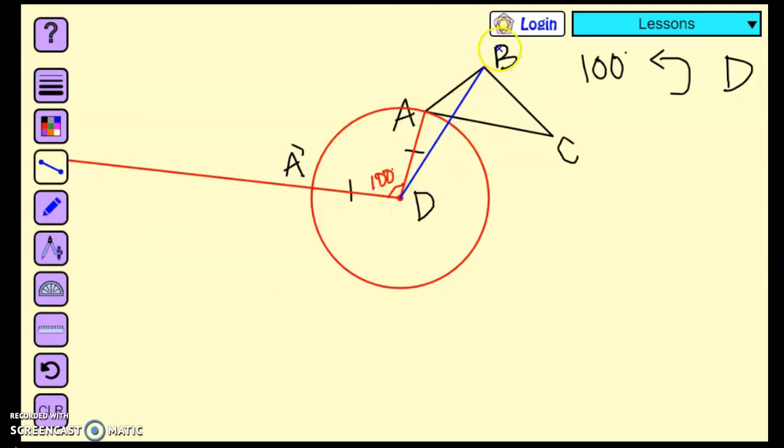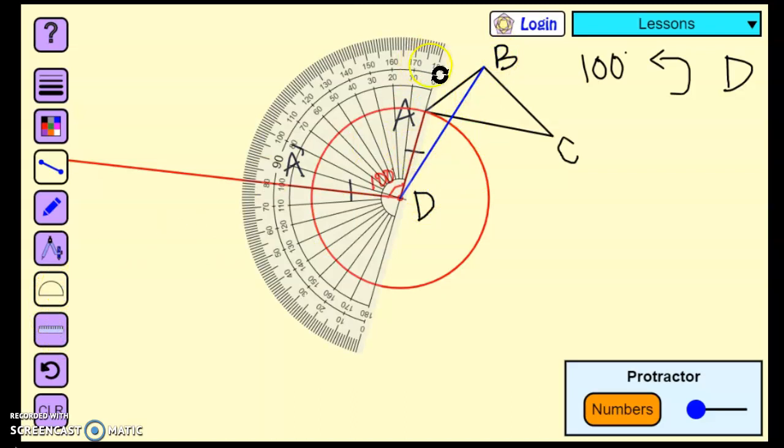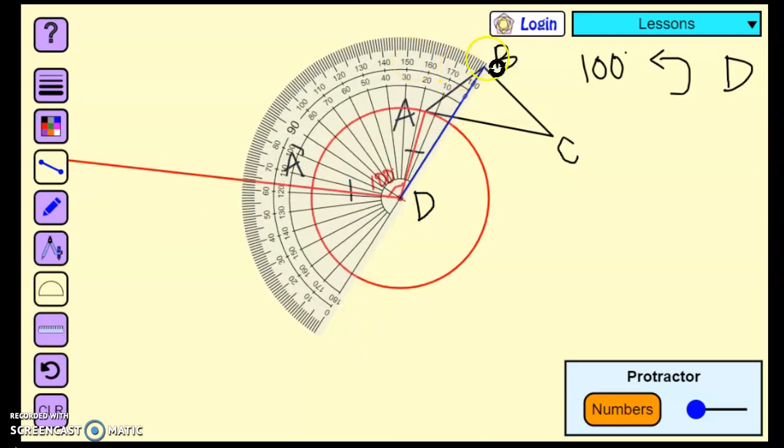I connect B and D, then I'm going to get out my protractor, line up one side with BD, okay, and then make a ray that's 100 degrees on my protractor. Took me a second there.